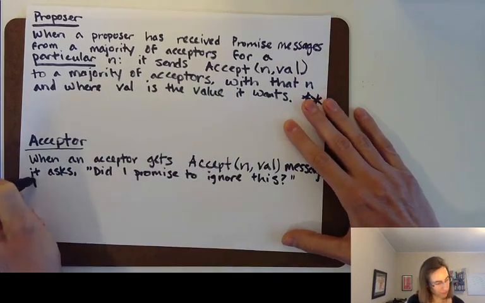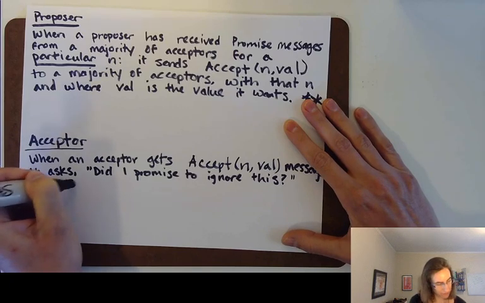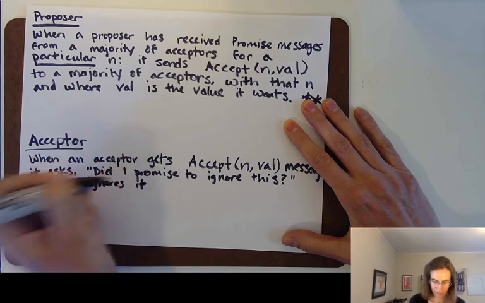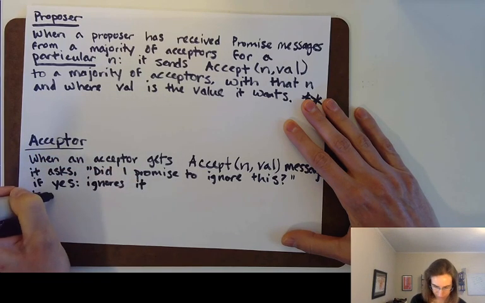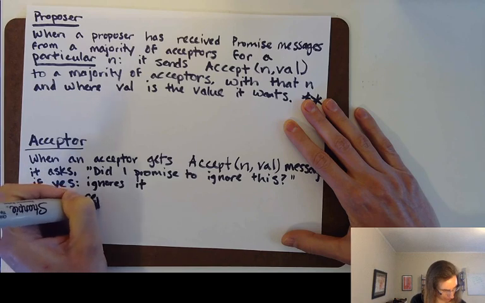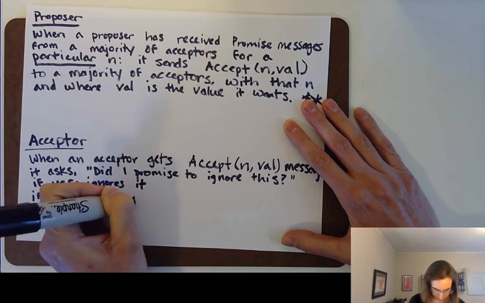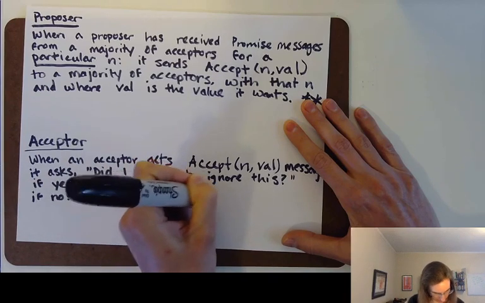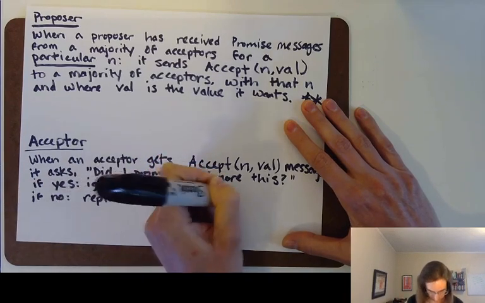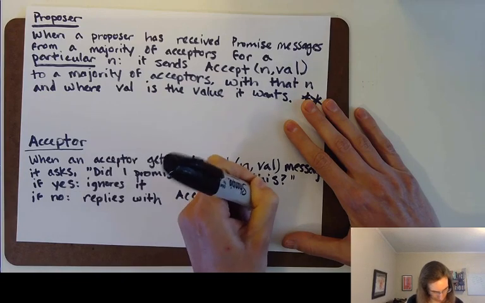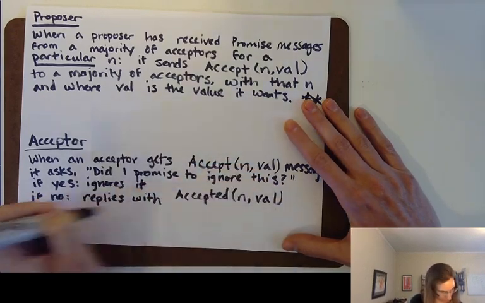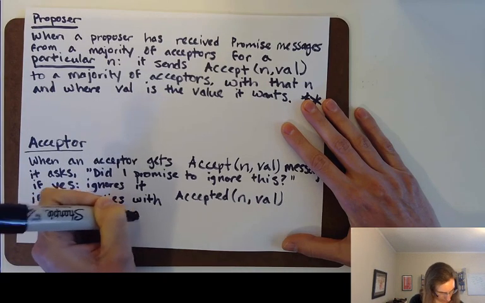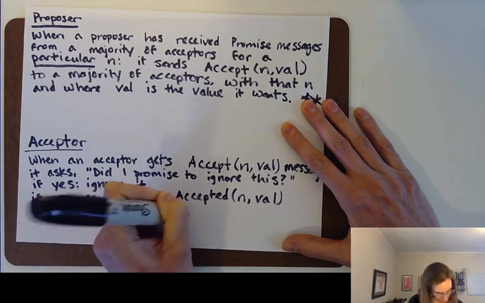And if yes, it ignores it. If no, it replies with accepted of the proposal number and the value, and sends that to all the learners as well.